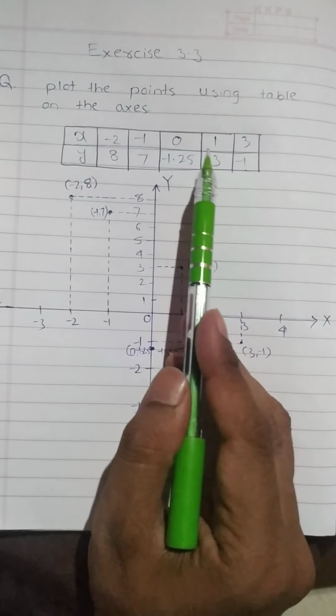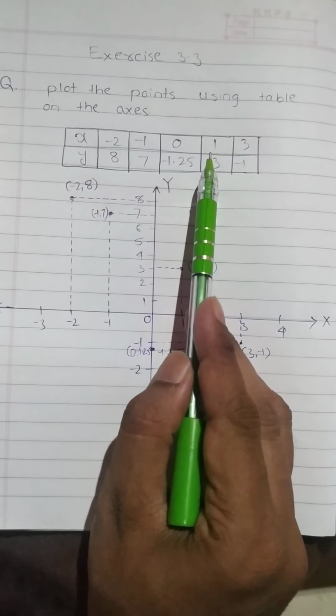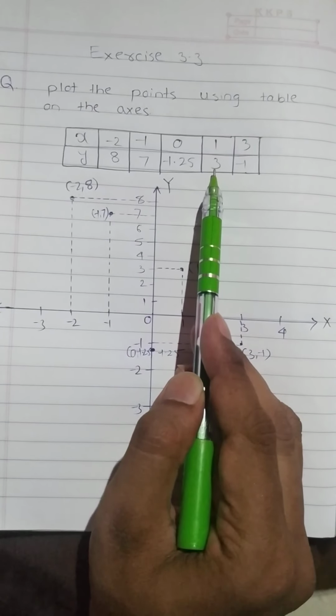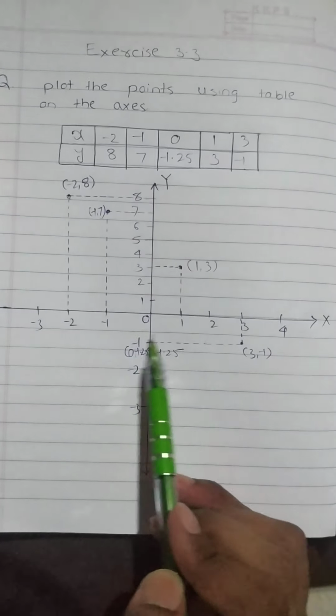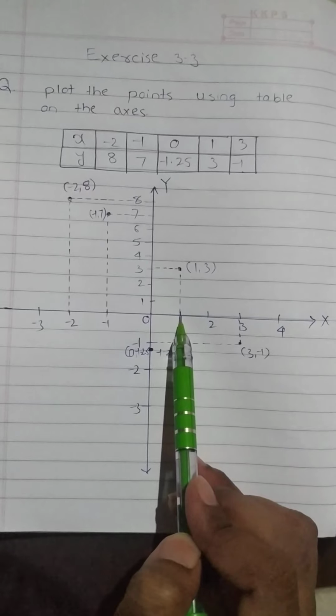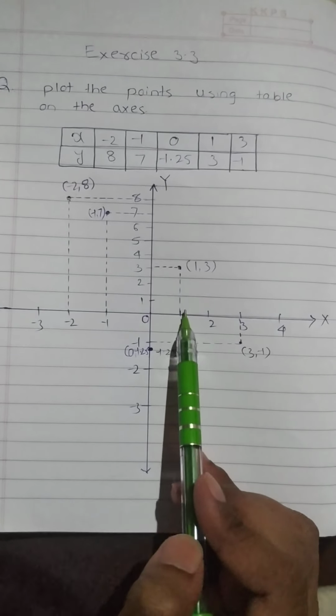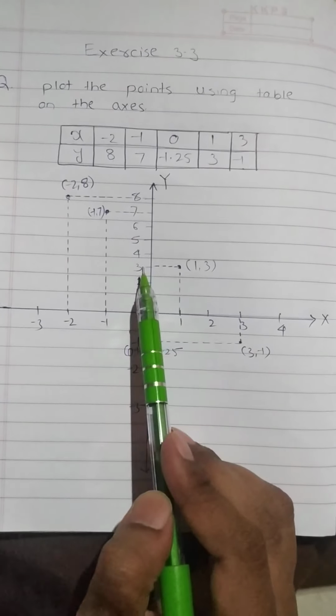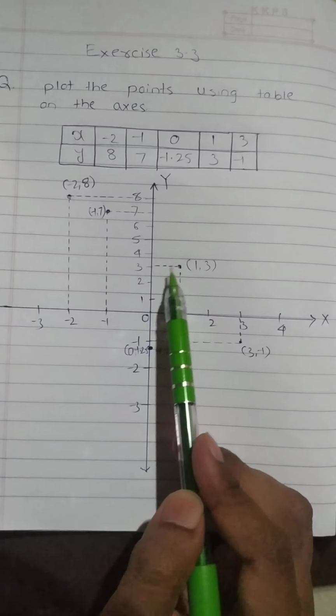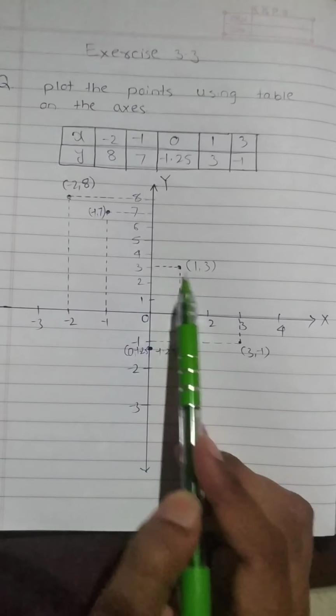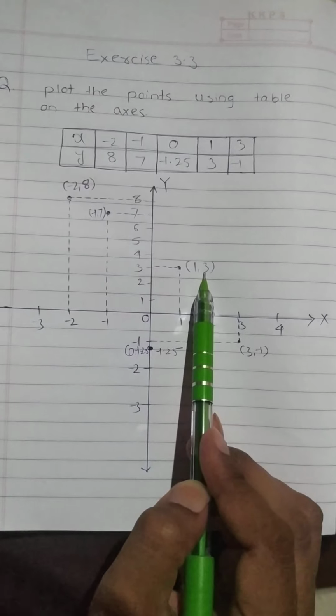Next point is x is 1 when y is 3. Now on the x axis we have to find 1. Where is 1? 1 is here. Similarly, we have to find 3 on the y-axis. This is the y-axis, so 3 is here. If we find a point of contact, we get this point as 1 comma 3.